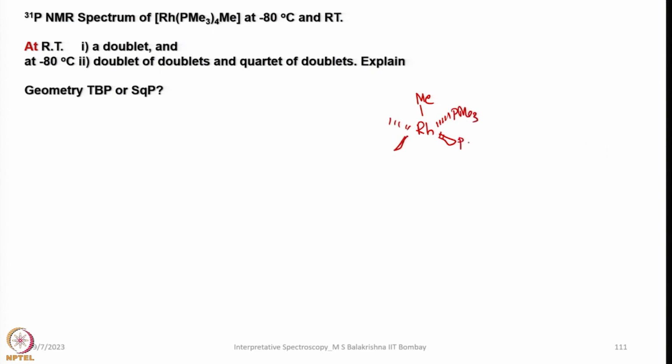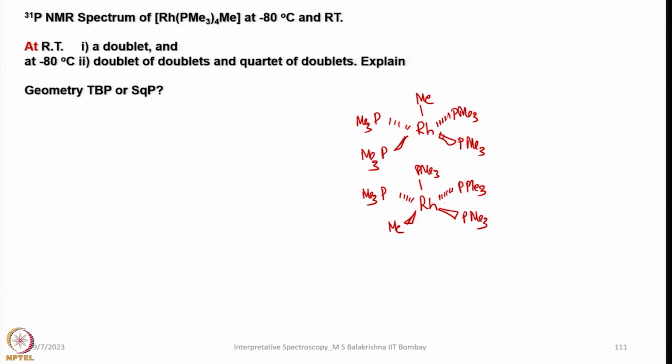First, let me write the square pyramidal geometries, all possible. So this is one possibility where all phosphines are in the plane and the methyl is in the axial position. So this is another possibility.